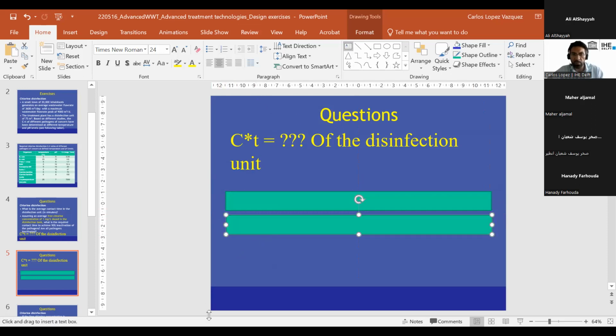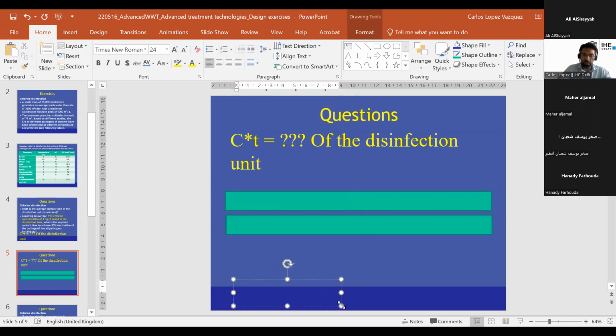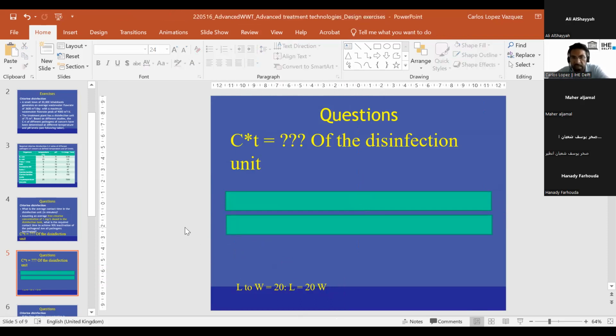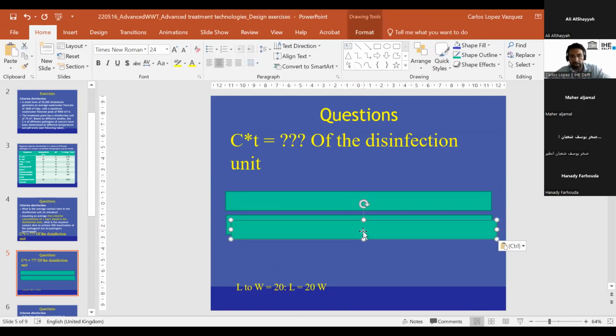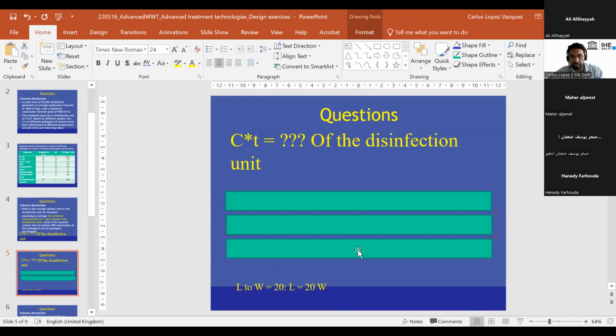If I am talking about the geometry, the length to width ratio of these tanks is around 20, meaning that the length is sometimes approximately 20 times the width. So they are very elongated tanks, built in a rectangular, plug flow configuration.